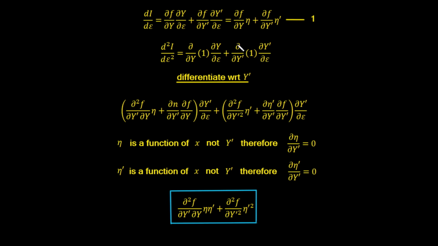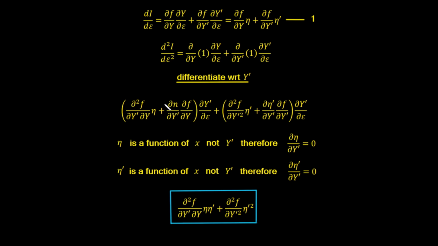We're going to have our partial by partial y derivative of the function with respect to partial y. So that's going to be partial squared f by partial y derivative by partial y, and we multiply it by our function eta. So that's this term here. And again, it's the product rule because we've got a product of two functions. So now we're going to differentiate the eta with respect to y derivative and multiply it by the partial f by partial y.